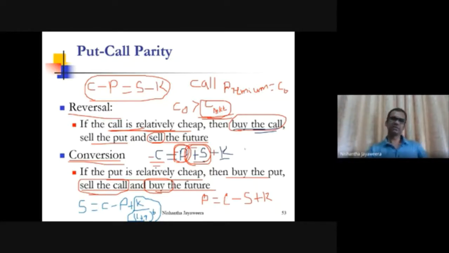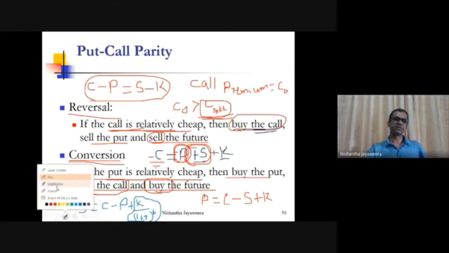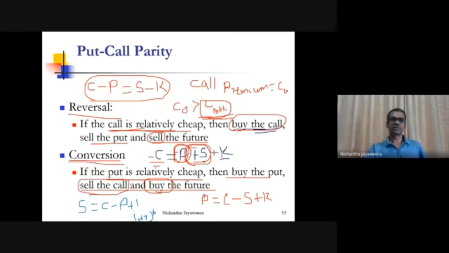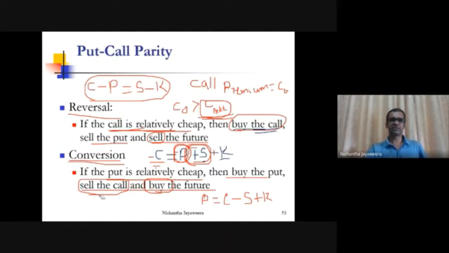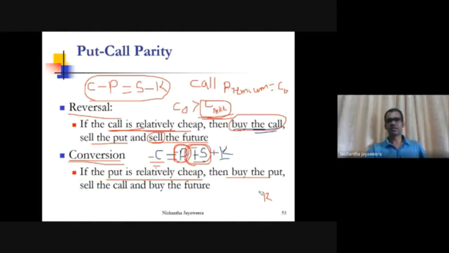For the time being, don't worry about other assets, but just remember on a future, how do you do this? Simple thing, as we discussed earlier: buy low, sell high. So you calculate the theoretical value.